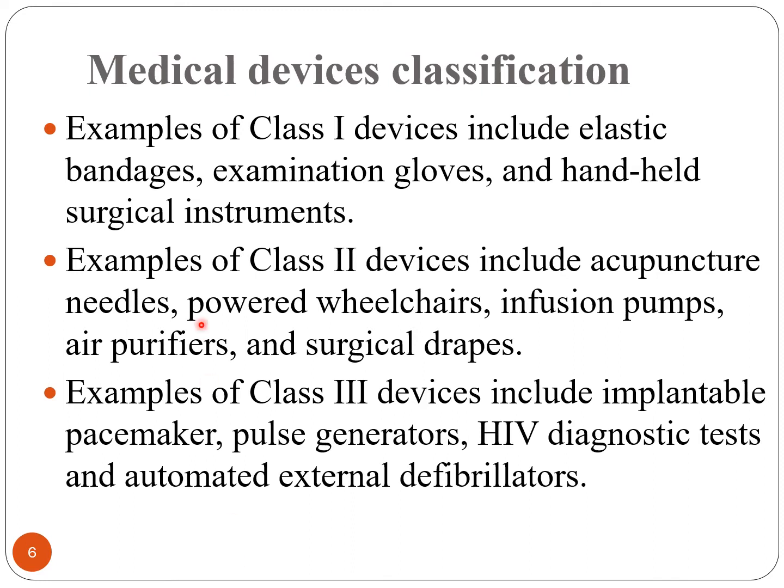Examples of class 2 include acupuncture needles, powered wheelchairs for those who are physically disabled, infusion pumps, air purifiers, and surgical drapes. Examples of class 3 devices include implantable pacemakers, pulse generators, HIV diagnostic tests, and automated external defibrillators.